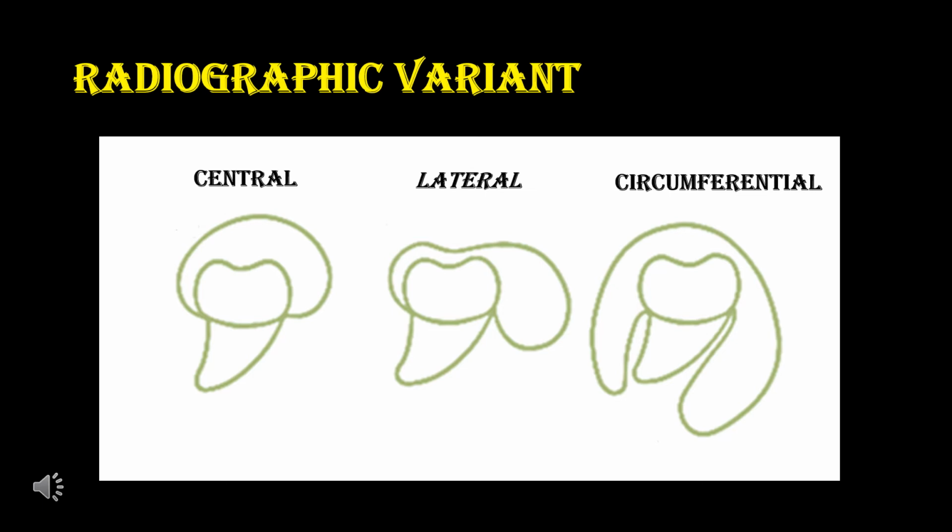When the dilatation of the follicle is on one aspect of the crown, we call it a lateral variant. When the follicle expands and the entire tooth is enveloped by the cyst, we call it the circumferential type of dentigerous cyst. So this picture tells you the same.